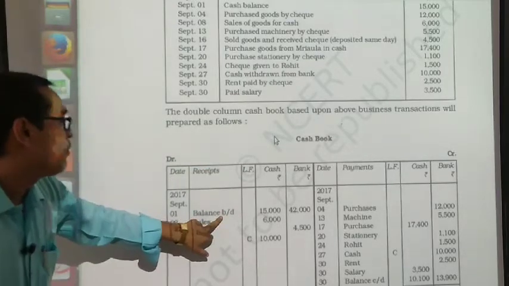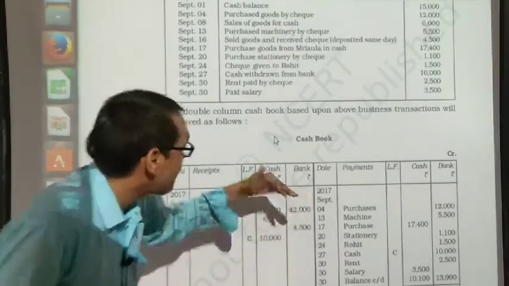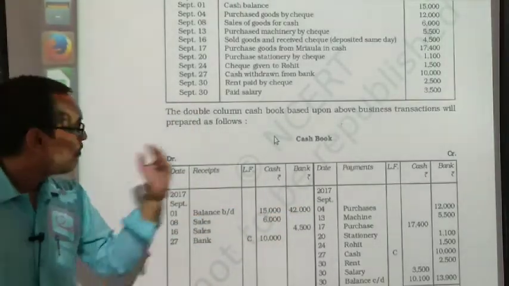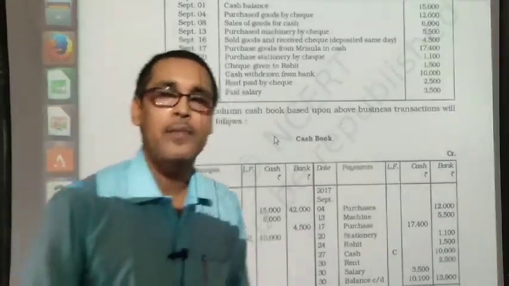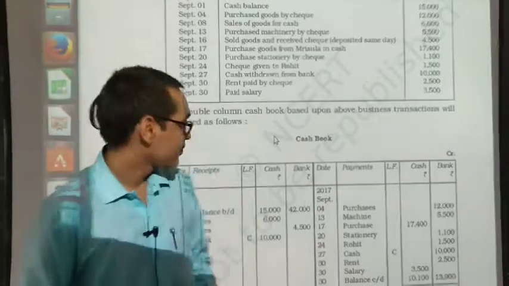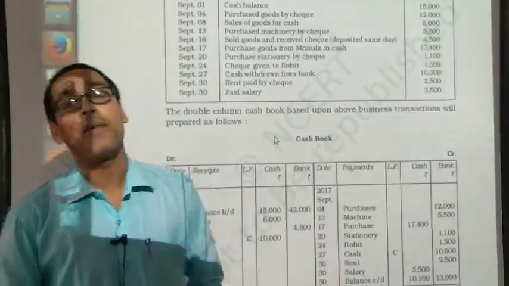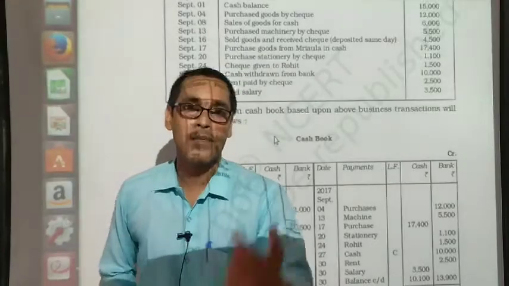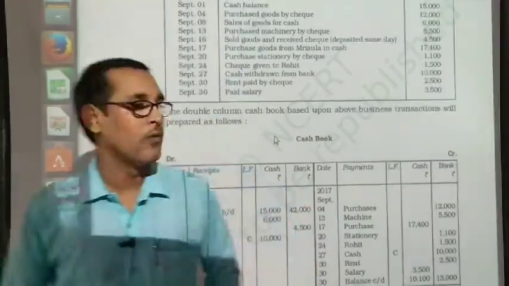To Balance b/d 15,000 and 42,000. This is the favorable balance of the bank account and cash account. In the case of overdraft, if we withdraw more money from the bank, at that time the bank account shows a credit balance. It is an unfavorable balance. You can say overdraft as per cash book in the bank account.